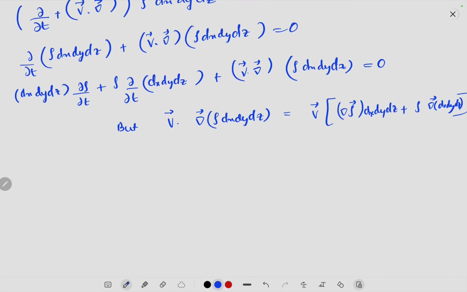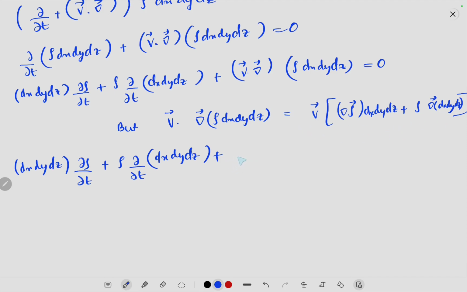All right, so let's just write these terms: dx dy dz ∂ρ/∂t plus ρ ∂/∂t dx dy dz plus, now let's write this in terms of these.